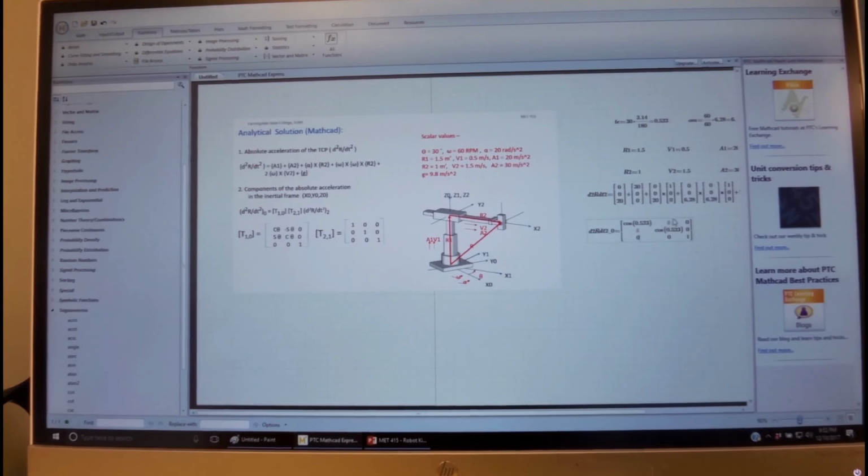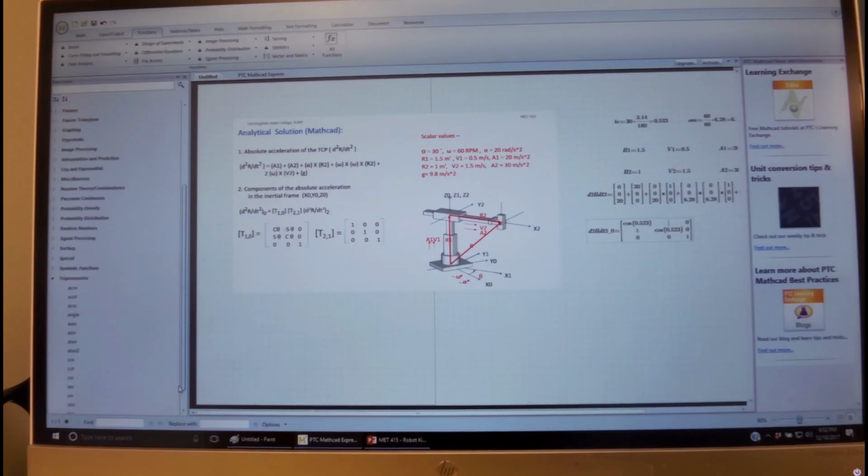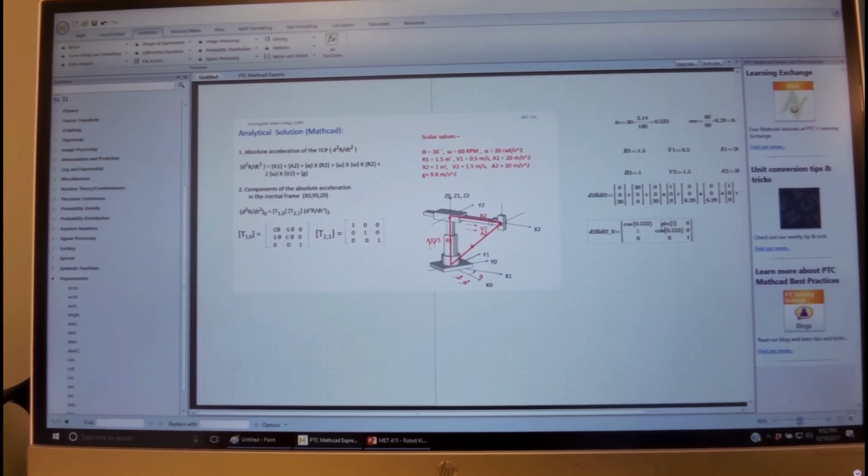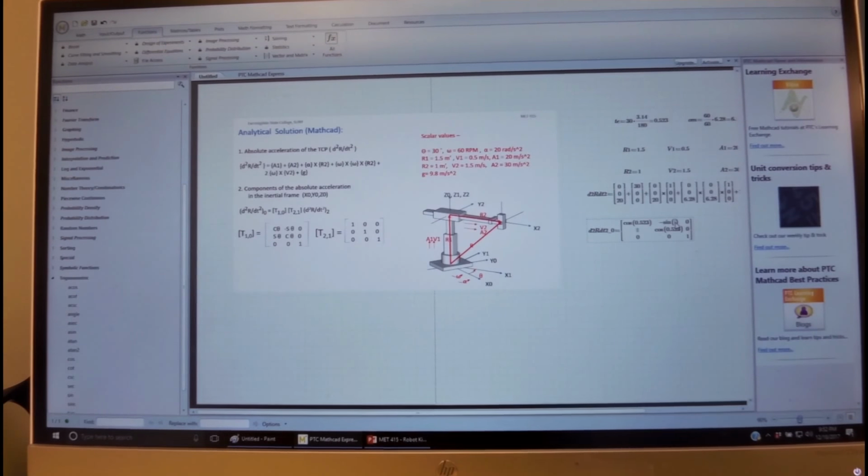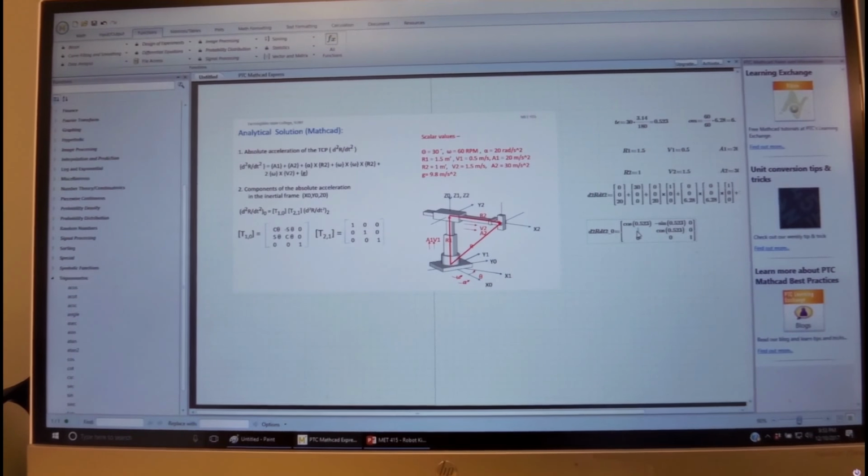And over here we have a minus sine. So we need to come over here to the trig area, pick up the sine, and then put over here a minus sine, and 0.523 is the value of theta, and then I could copy it and paste it over here.